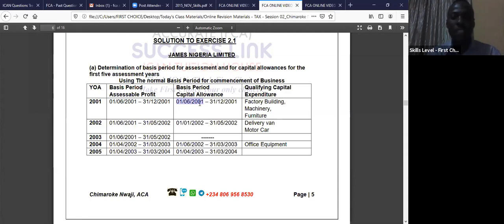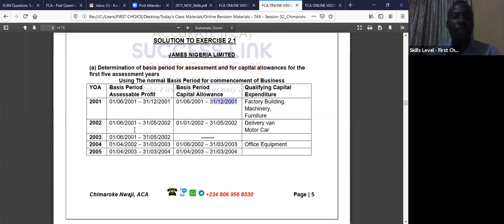In fact, don't even say it starts from the date the business starts. It starts from this date here, and it's supposed to end on this date. What we are using this date for in capital allowance is mainly for initial allowance.